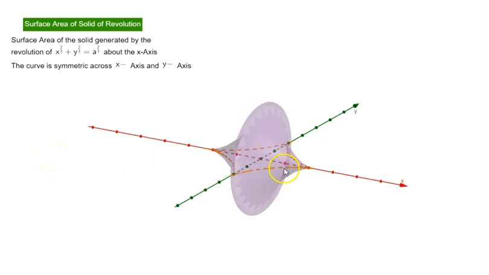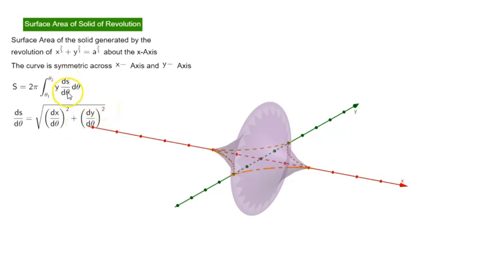It looks like this. In polar form, the formula is S is equal to 2 pi times the integral from theta 1 to theta 2 of y times ds by d theta d theta. And ds by d theta is equal to square root of dx by d theta square plus dy by d theta square.